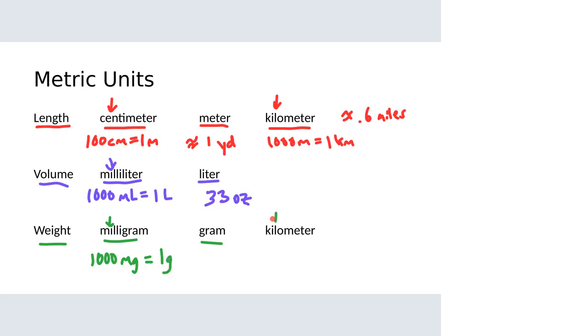And just like before, kilo corresponds to 1,000 when it's bigger than the standard unit, and there'll be 1,000 grams in one. Oh, that should say kilogram. Sorry about that typo there. 1,000 grams in 1 kilogram. And just for a frame of reference, a kilogram is approximately 2.2 pounds.